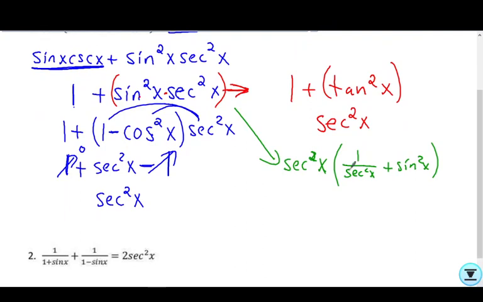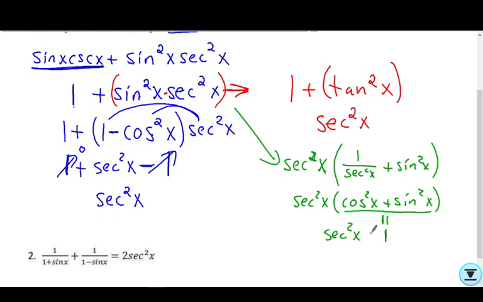And 1 over secant is cosine, so this is cosine squared plus sine squared. That's also a Pythagorean identity, and that is equal to 1. We still get secant squared x times 1, which is secant squared.